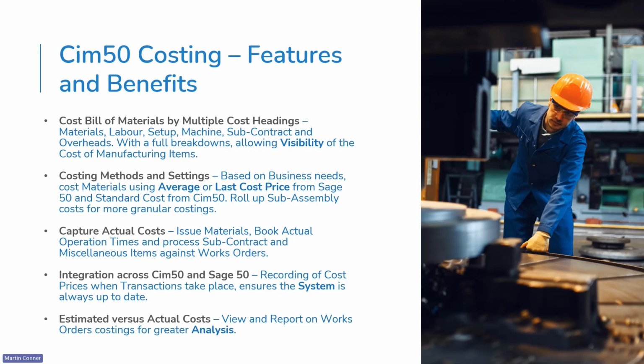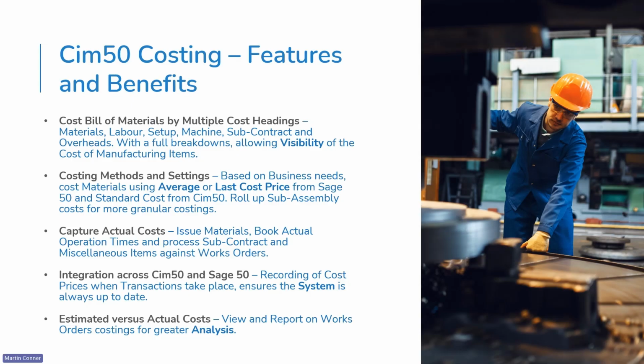With Cim50, we do introduce a standard material cost within the bill of materials, so that remains static. That won't change based on receiving goods and so on. That just sticks, if you like. You can then report against that.